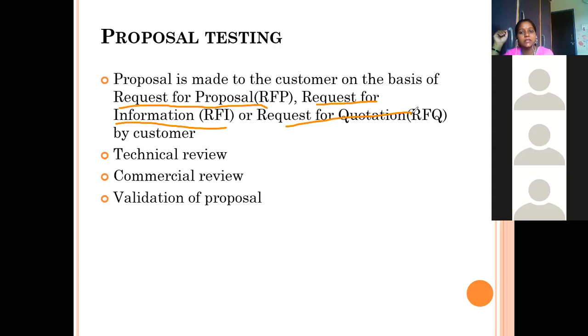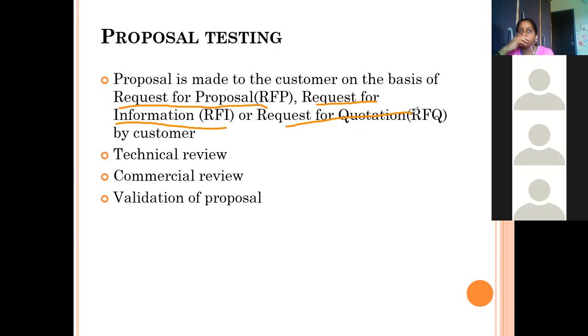So the organization must assess the impact of the proposal on the organization as well as on the prospect and the customer. What will be the effect of this particular project on that organization as well as on the customer? So if you are satisfied with any kind of project, then in future there may definitely be chances of getting more and more projects from that particular customer.